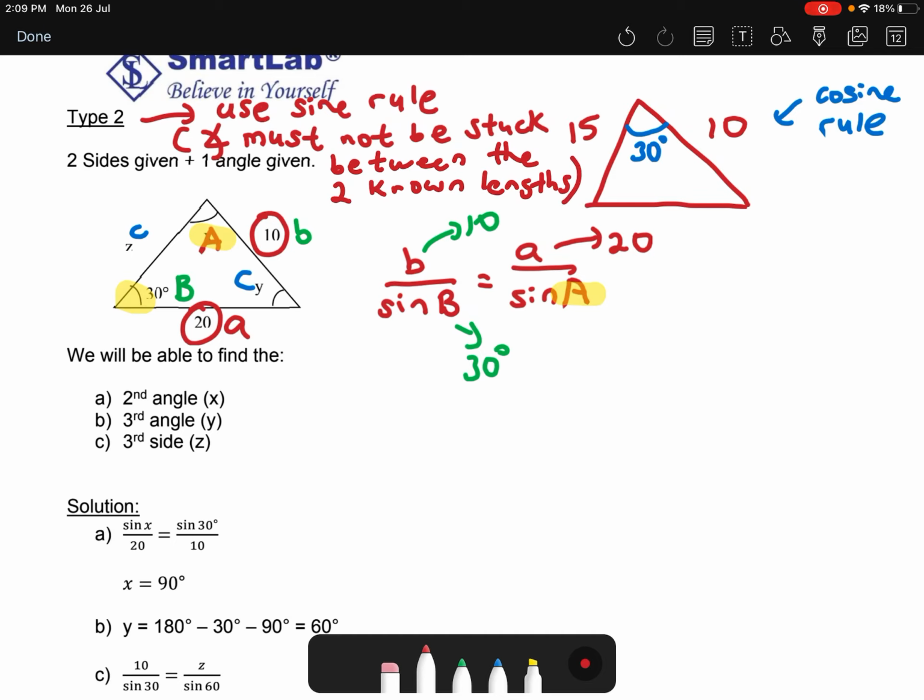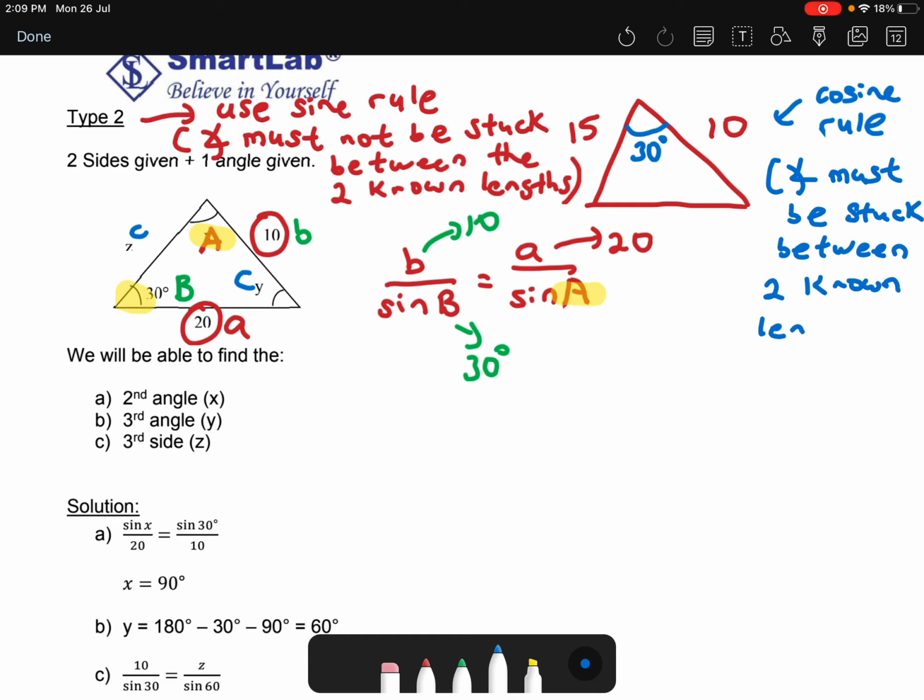For cosine rule, the angle must be stuck between two known lengths. Alright, yeah, so this is the difference between sine and cosine rule.